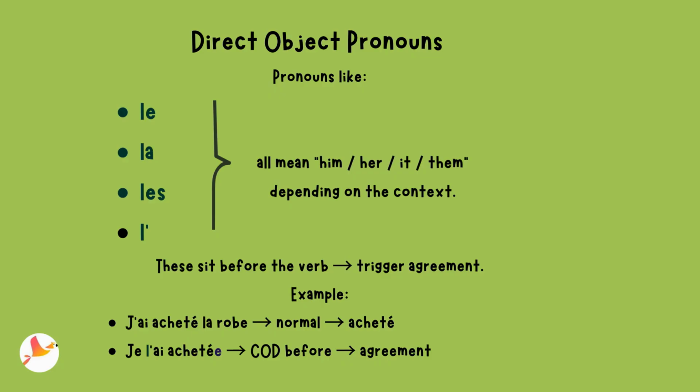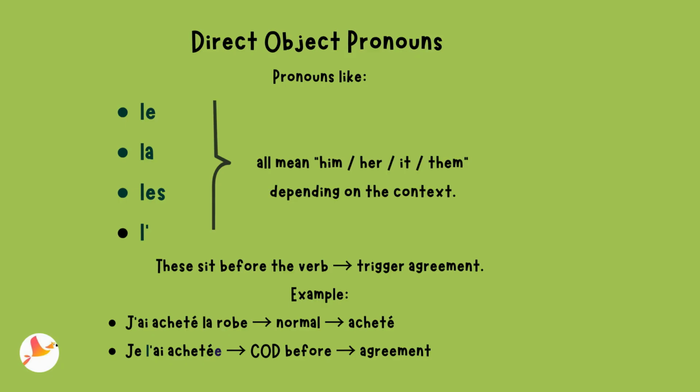Agreements can also take place using the direct object pronouns. So when direct objects are replaced by a pronoun, it also triggers agreement between the past participle and the direct object. So we have the direct object pronouns le, la, les, l'. So they sit before the verb and trigger agreement.